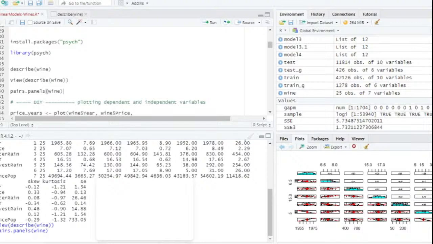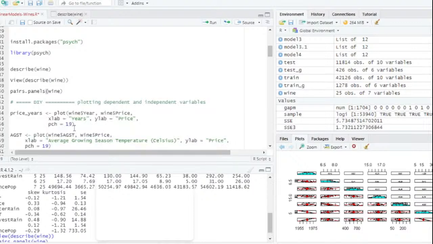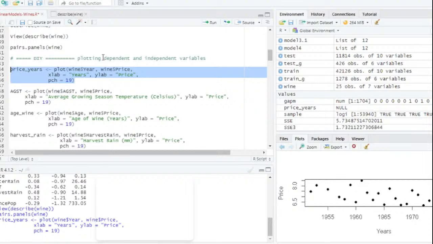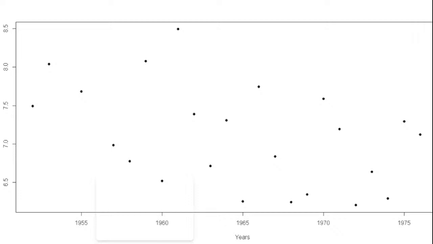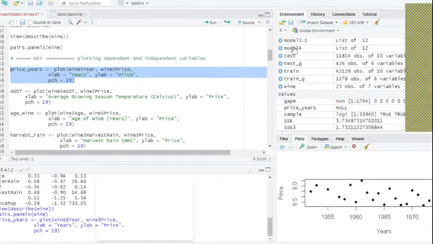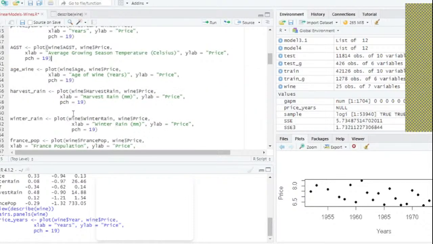Okay, so pairs.panel, a very powerful chart. Now these are just some plots. I'm just showing you the individual plots with price. I've already shown this in the discussion earlier, so you can create them later.